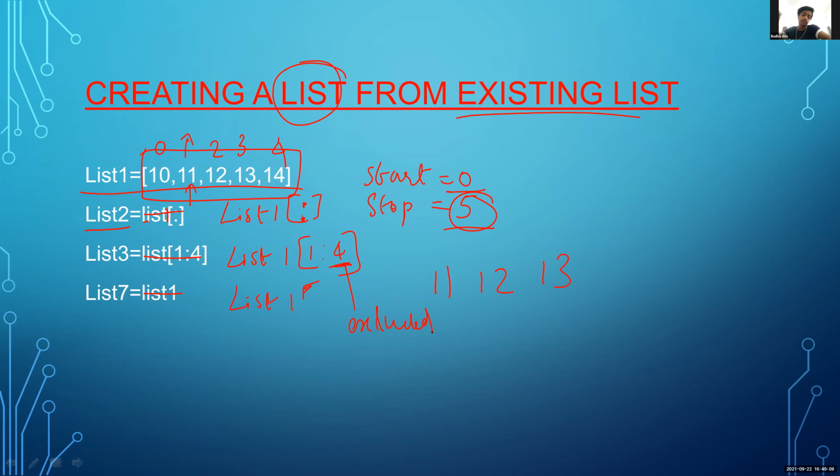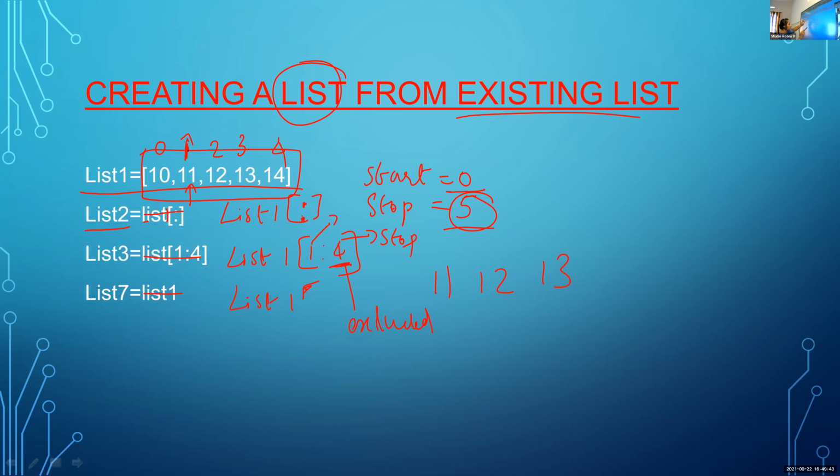So within that list, I am giving two values. The first value is the start value. The last value is the stop value. The stop value is excluded from the result. So starting from index 1, 11 is the value with index 1, 12 is the value with index 2 and 13 is the value with index 3.